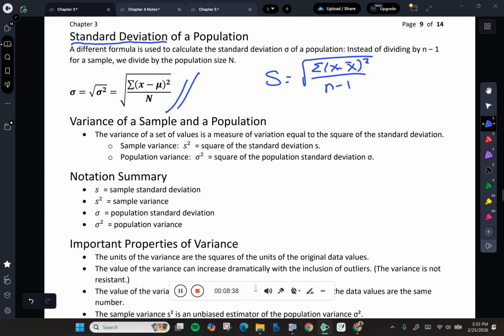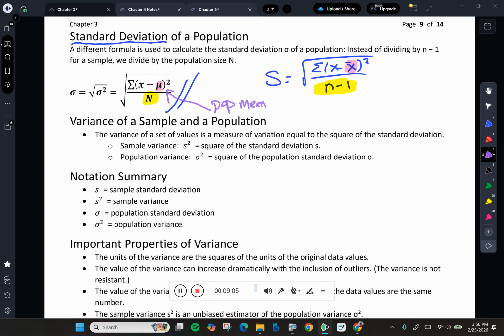So there are two things that are different here. One, we're swapping out our sample size, and two, we're swapping out what we're using for the mean. Right? If you have population data, then you would know the population mean, and that's why you're using the population mean right there.